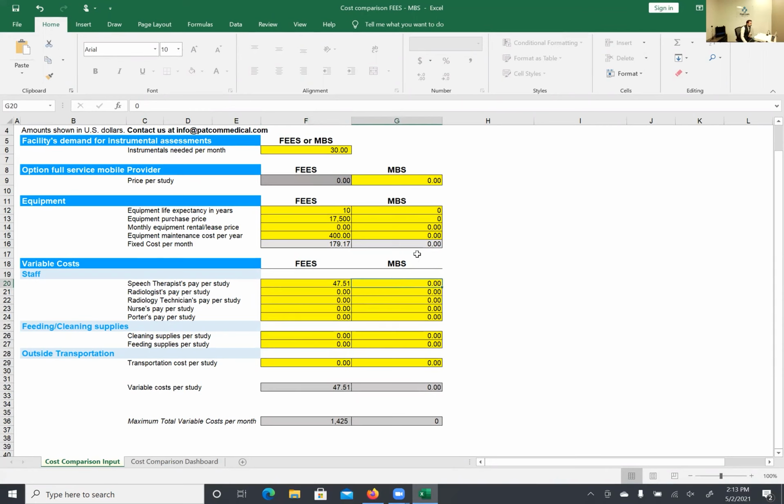Now, for the MBS, it'll be the same, right? The speech therapist is as involved here. If you say, you know what, it actually takes longer because you have to go down to radiology and waiting times and then review, you can increase it a little bit, but we're going to say, okay, it's the same time here.